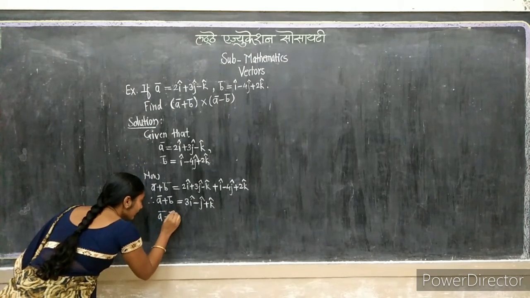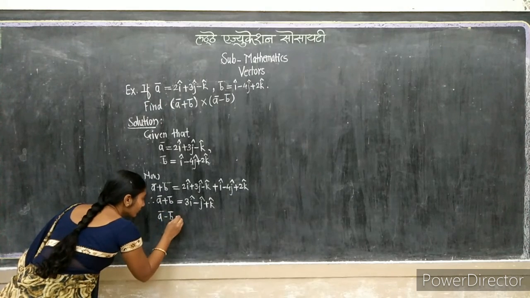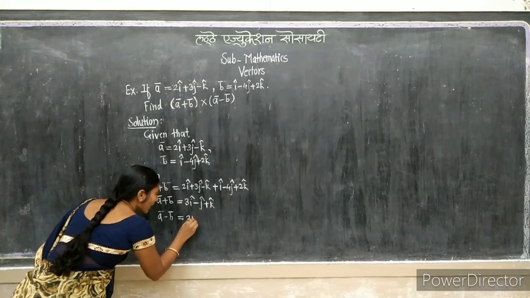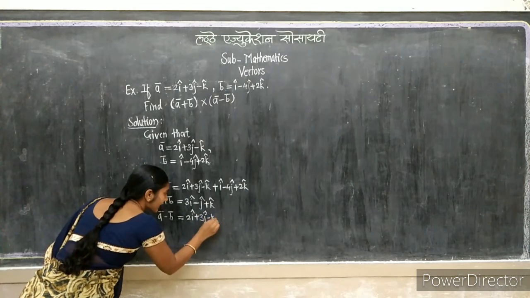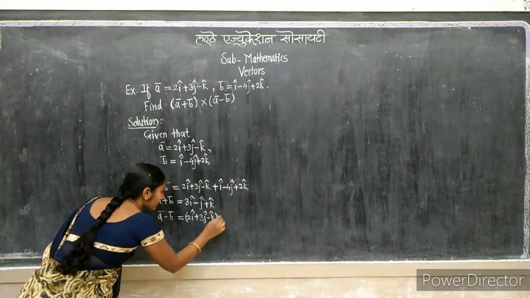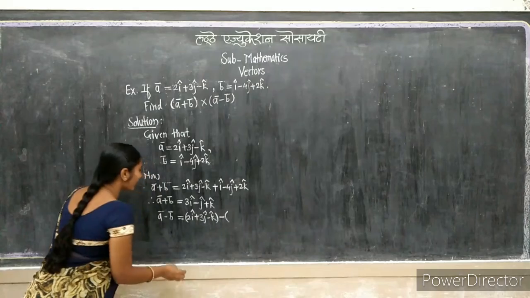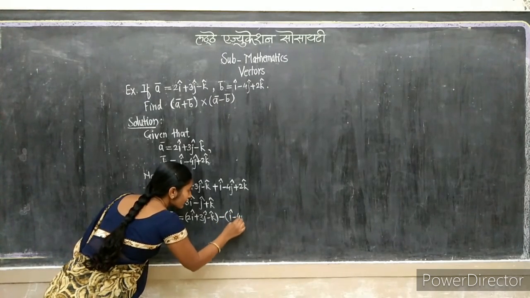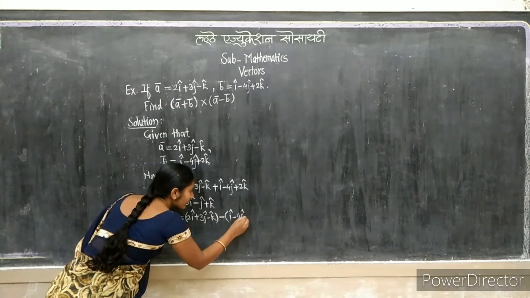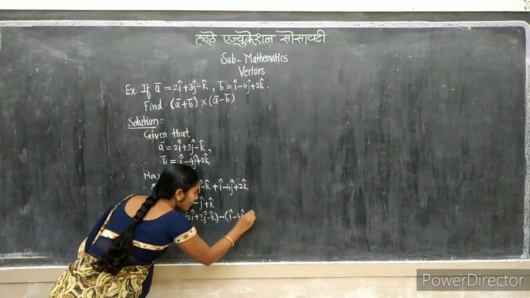And a bar minus b bar is equal to 2i cap plus 3j cap minus k cap minus b bar, which is i cap minus 4j cap plus 2k cap.